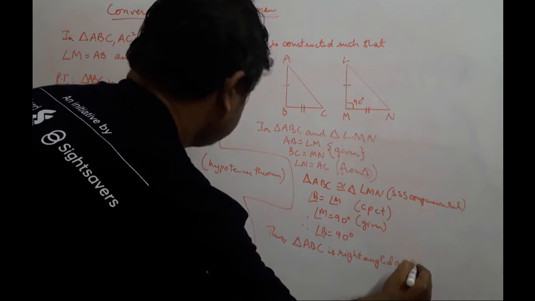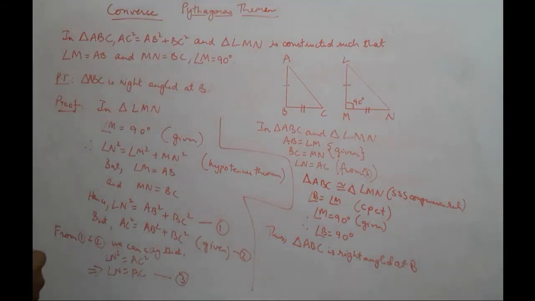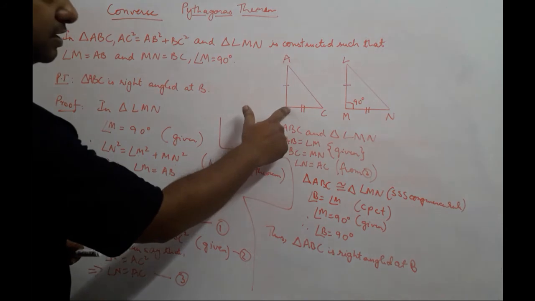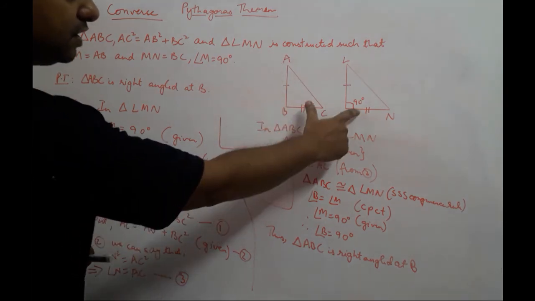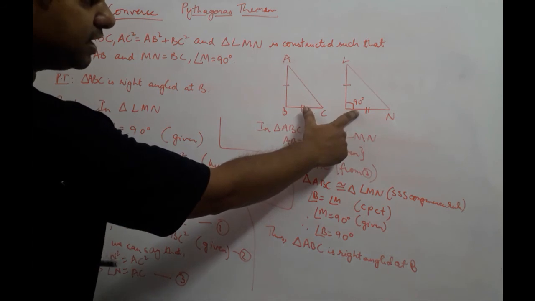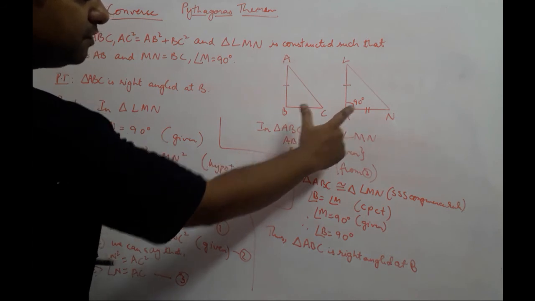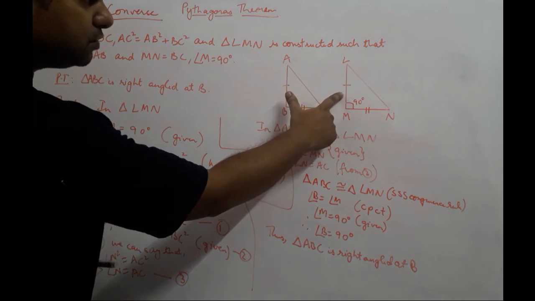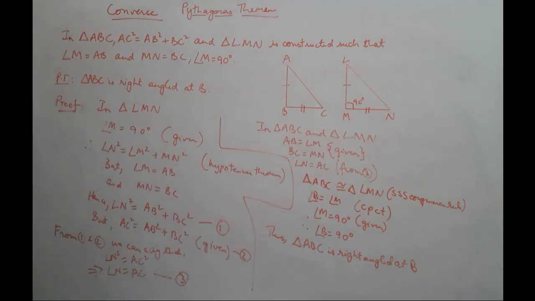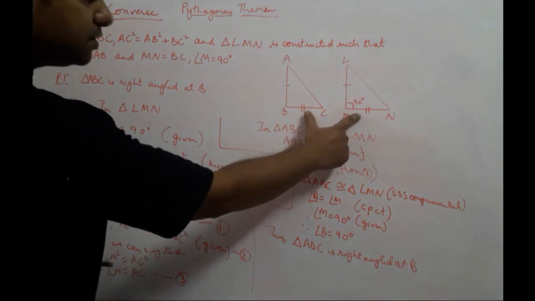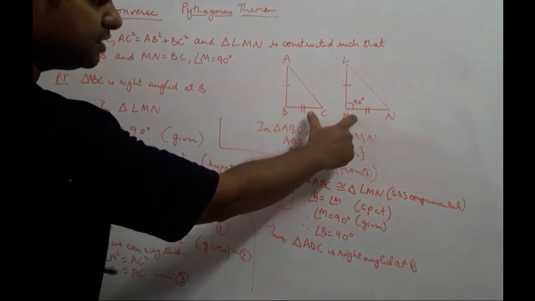at B. Okay, so just to have a recap of this entire theorem, how we proved it. We were asked to prove that this triangle is right angled at B. We were given that this triangle is right angled at M, and we were also given AB was equal to LM and BC is equal to MN. So we started with what we were given, that it is a right angled triangle.